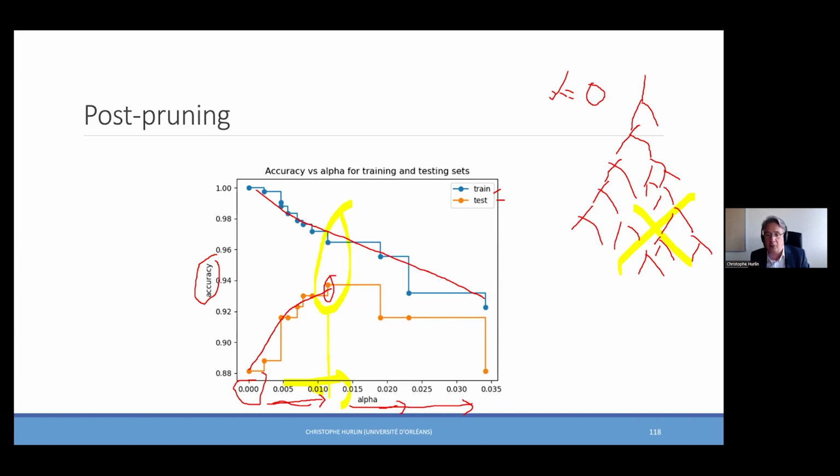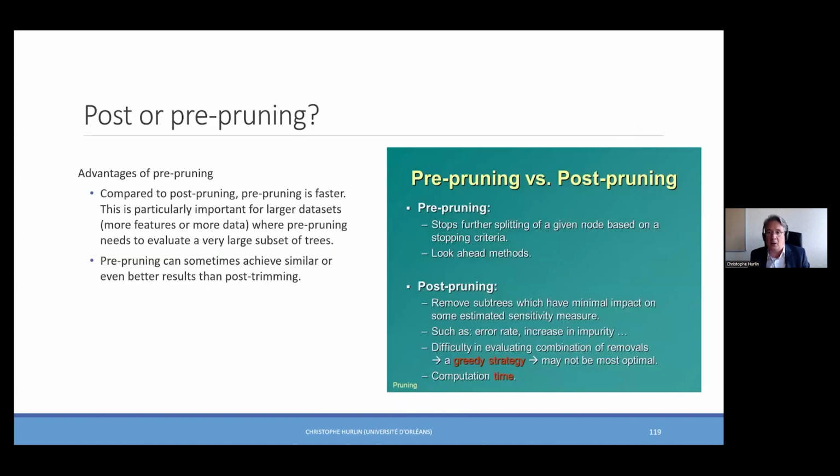Is it clear for everybody? There is a theoretical discussion about post or pre-pruning. I have no particular point of view about this debate, but in general, post-pruning is very difficult to implement in practice because it requires a huge computation time.